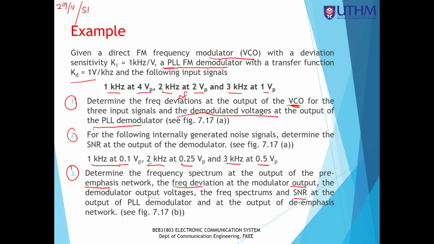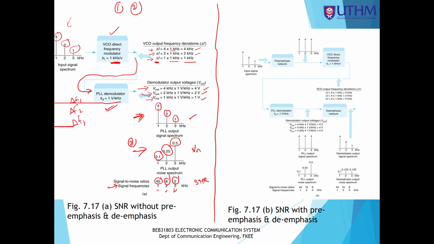So now we introduce pre-emphasis and de-emphasis. We repeat the process of number 1 and number 2, to see what happens if we put pre-emphasis and de-emphasis in the system.